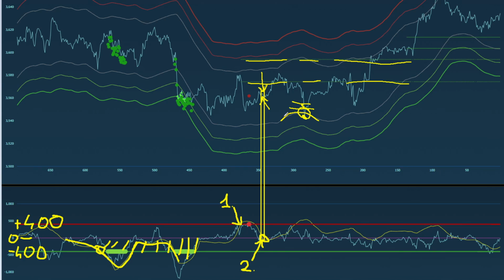But usually the bands are the most accurate entries, like the best risk reward ratio you will find at the bands. Or even better, if a band is in confluence with a horizontal level, right? Okay, so let me clear this up.